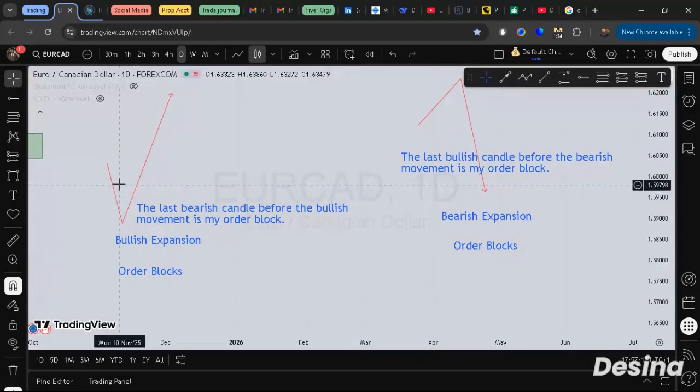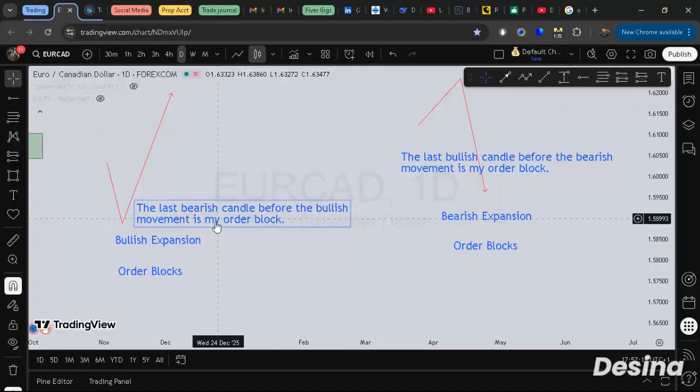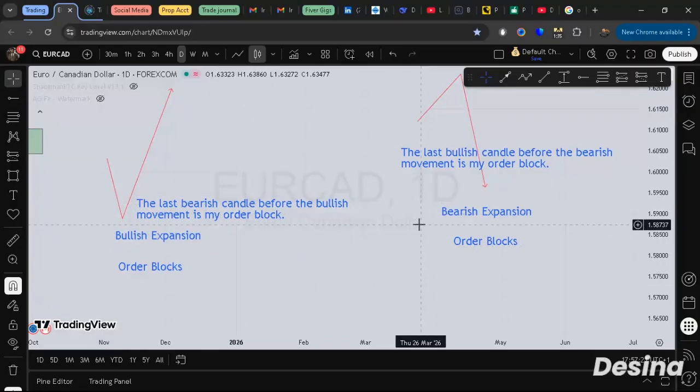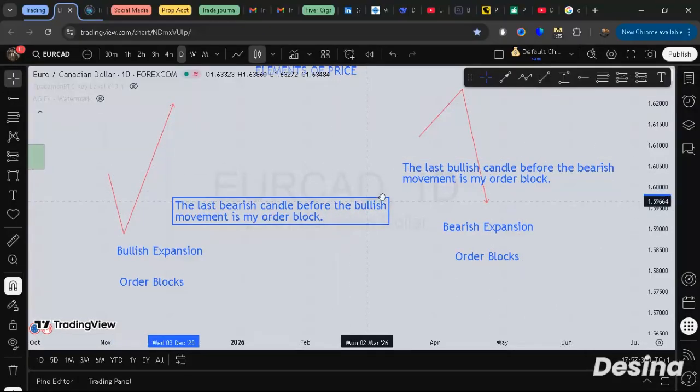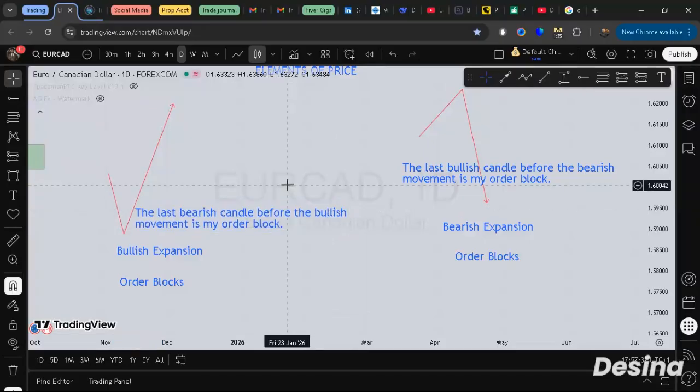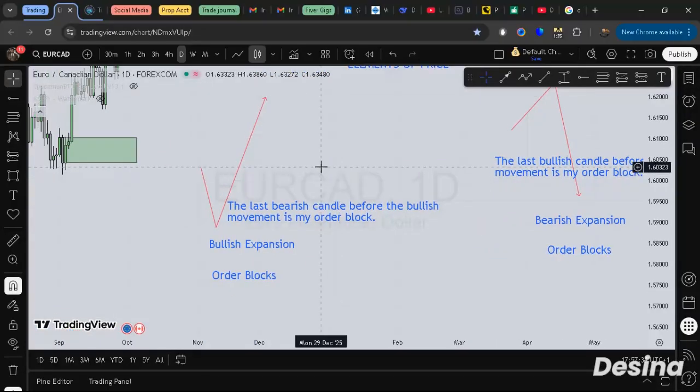So it's as simple as that. When we have price heading to the upside, the last bearish candlestick before the bullish movement is my order block. While in a bearish scenario, the last bullish candle before the bearish movement is my order block. So that is it, and I hope you understand.